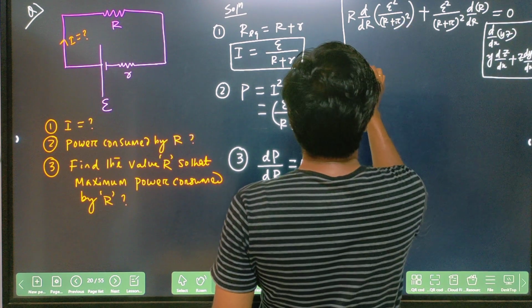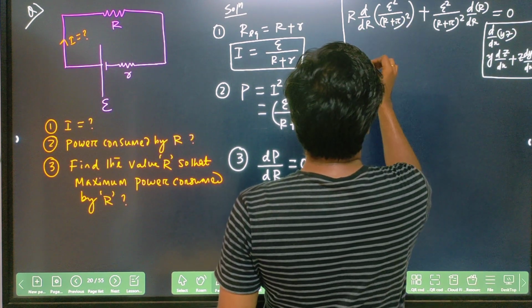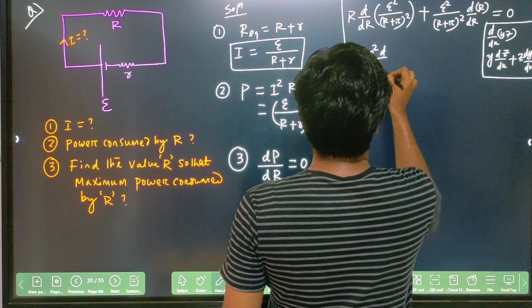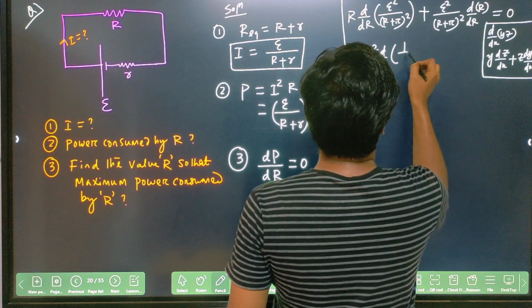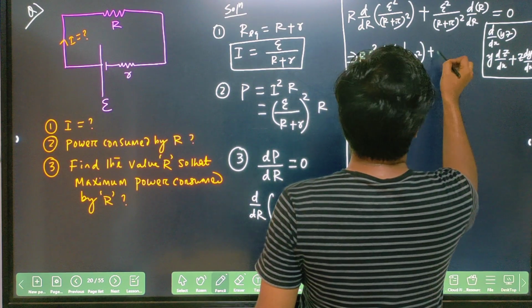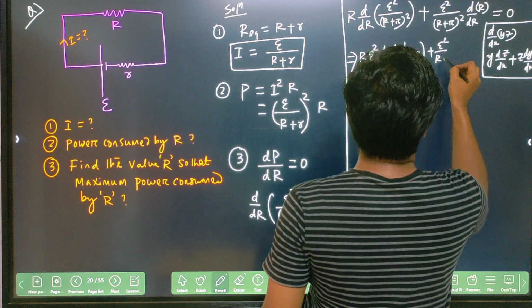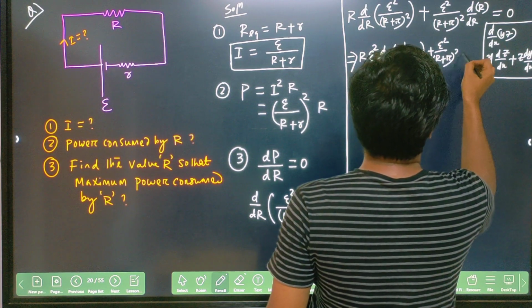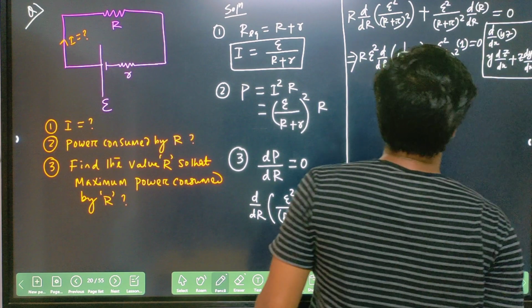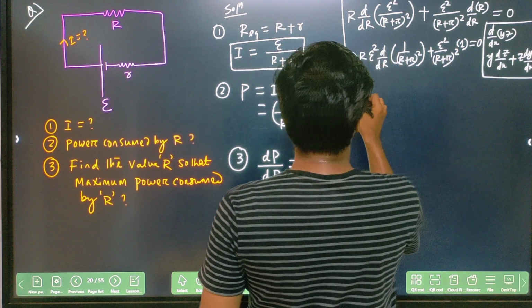So just see what will come here. This will be R, E squared is constant, you can take it out, d by dR of 1 by R plus r whole squared, plus E squared divided by R plus r whole squared, times dR by dR, which is simply 1, equal to 0, right?